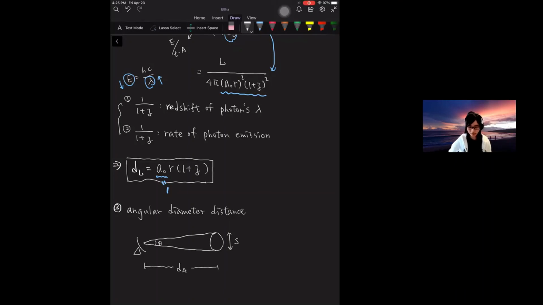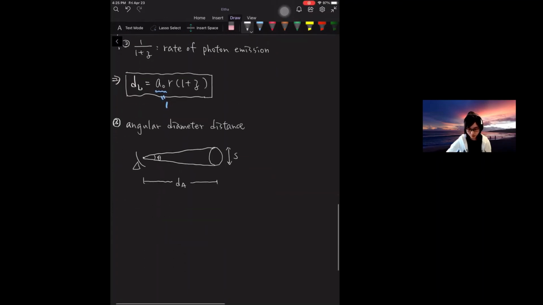You all learned the small angle approximation before. It's a very simple relation that the linear size of this object is just the distance times the angle. But if we take cosmic expansion into account, then this distance should be, as I mentioned before, the scale factor multiplied by the comoving distance. So that's a of t multiplied by r, and theta.